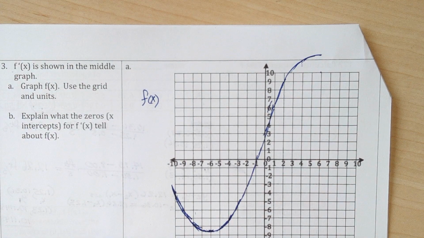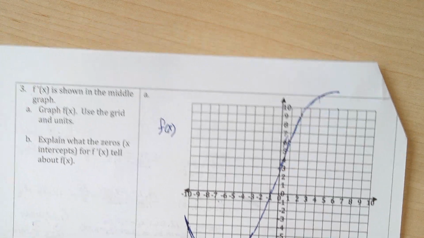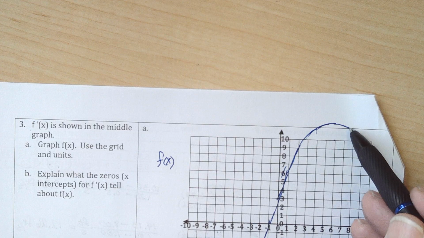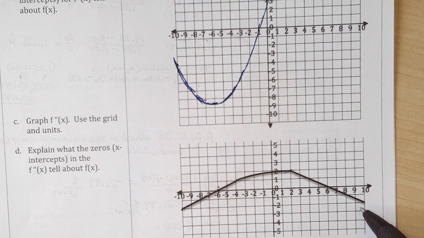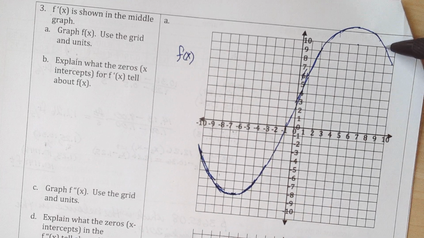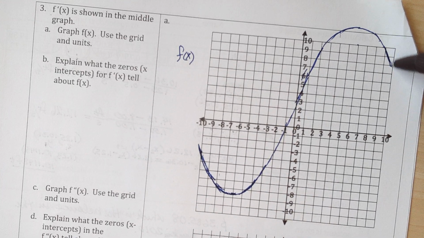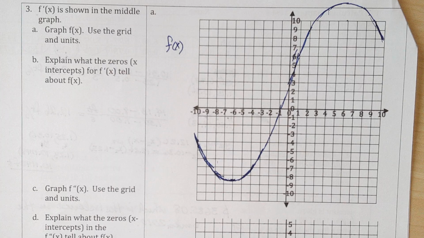And then it keeps making the same parabola, and it starts going to a -2 slope. So by the end, it should be going down at a slope of -2, which is kind of what I got right there. So that's what f of x looks like, ish.